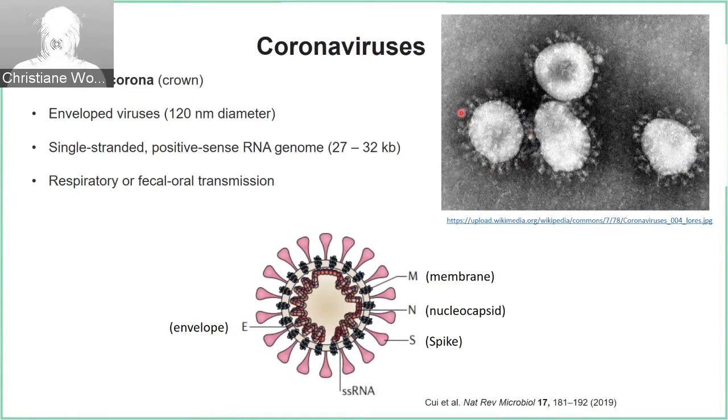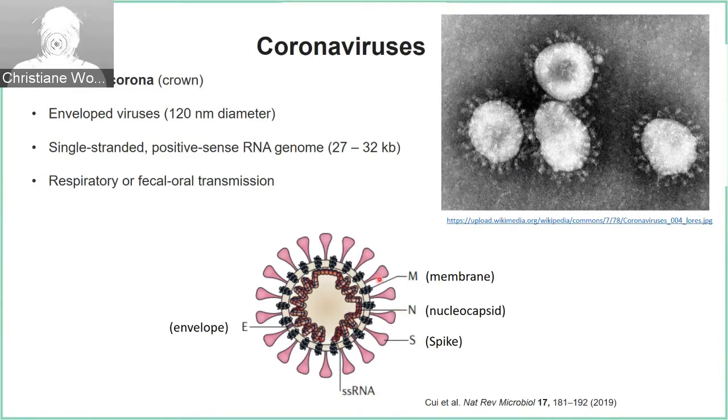And this crown is driven by the spike protein. At the bottom, you can see a cartoon of these virus particles, and in pink is the spike protein, or the S, which is embedded into the envelope. These are enveloped viruses that are roughly 120 nanometers in diameter.